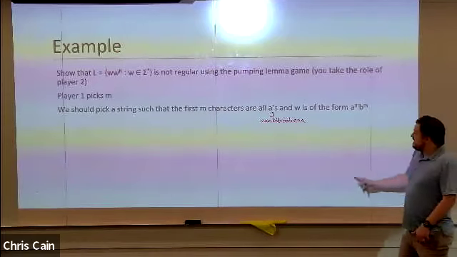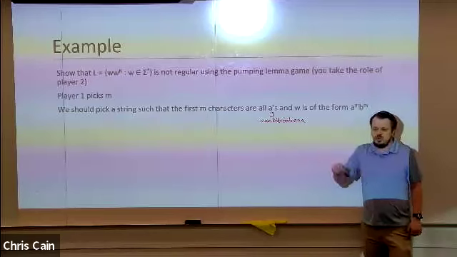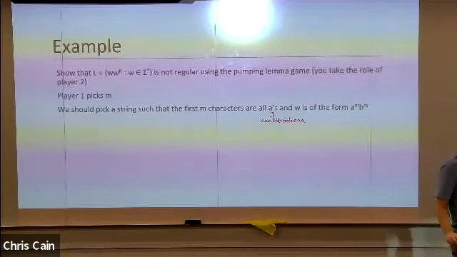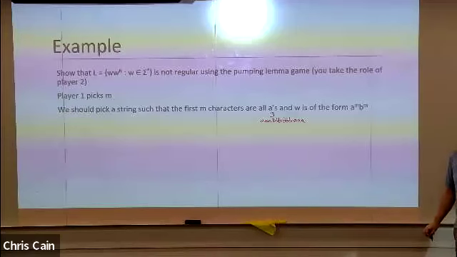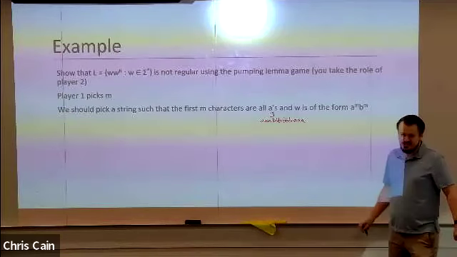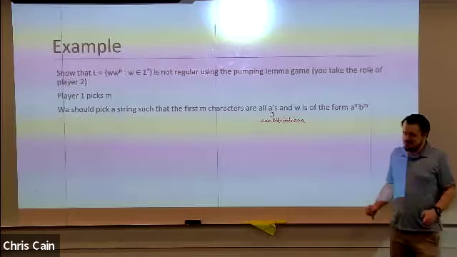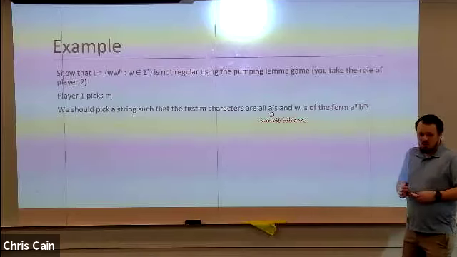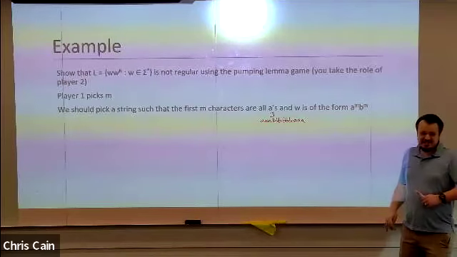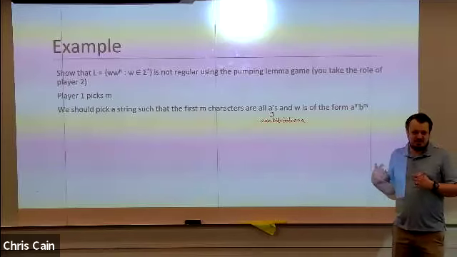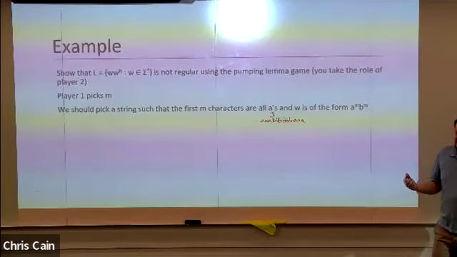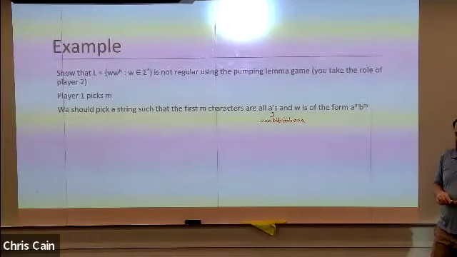A string exactly like this pigeonholes player 1 according to the rules of step 3, which says that now we need to break this string down into X, Y, Z, such that X is getting us to the loop, Y is at least getting us through the first loop, and then Z is getting us to the final state from that.